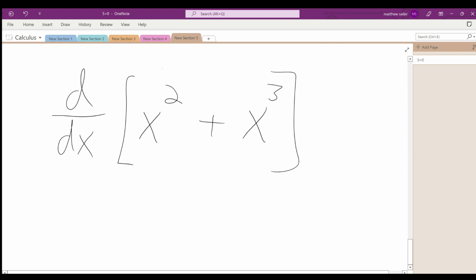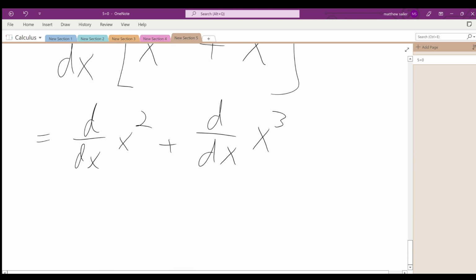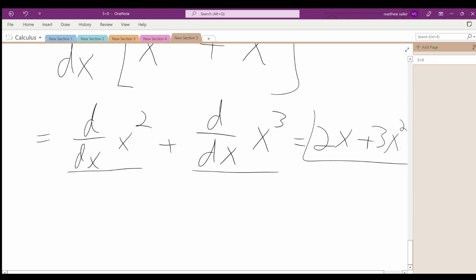We can distribute the derivative to each piece, and this is the same thing as the derivative of x squared plus the derivative of x cubed. And vice versa, we could go back or forth, however we want to do it. Now following the power rule, this piece is going to become 2x, and this piece is going to become 3x squared. So that's the answer.